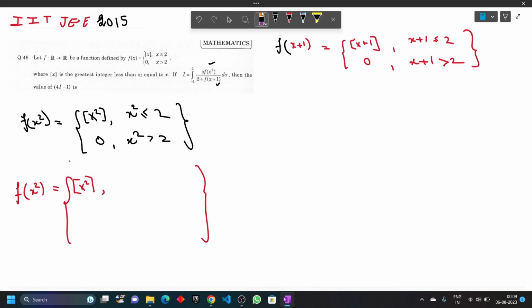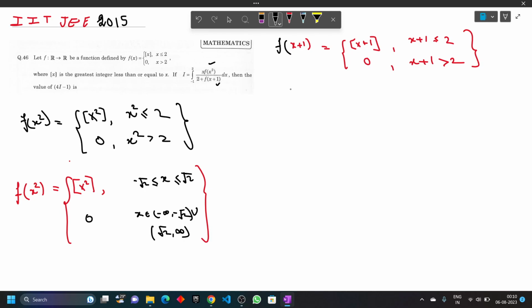If x belongs to minus infinity to minus root 2 union root 2 to infinity, this is 0.